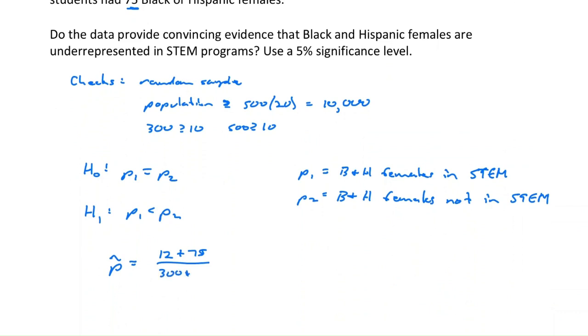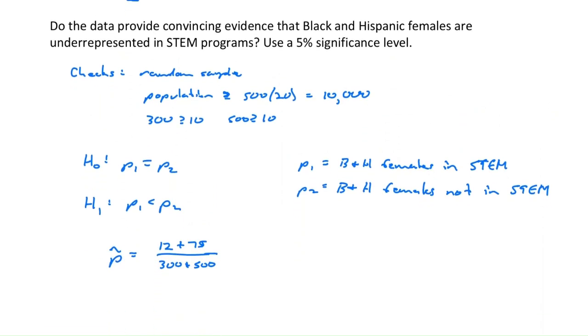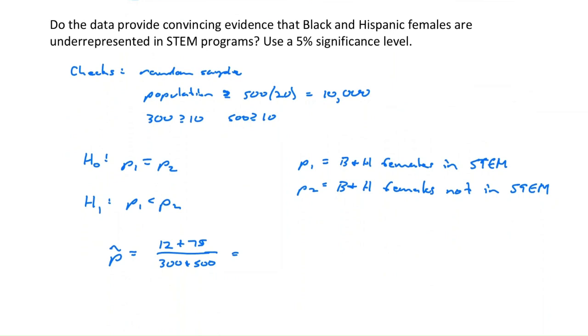So what we're doing here is really saying, look, if we don't care about STEM, not STEM, if we just want to know what is the proportion of Black and Hispanic females at this university? So from the sample, we're looking at 12 and 75. So there's a total of 87 Black or Hispanic females who are part of the sample. We divide that by the total of the two samples, 800, which means that as a group in this combined sample, they represent 10.9% of the people in the sample.